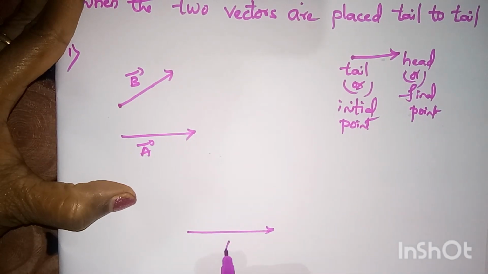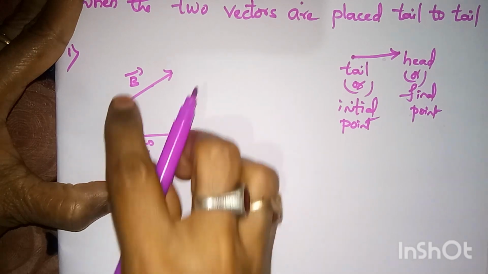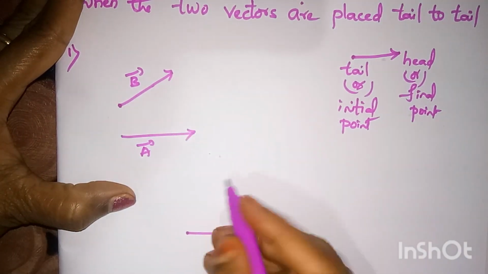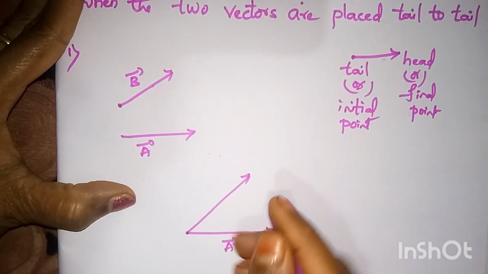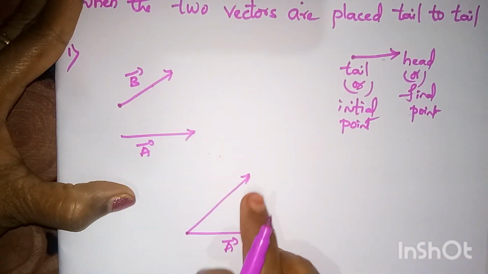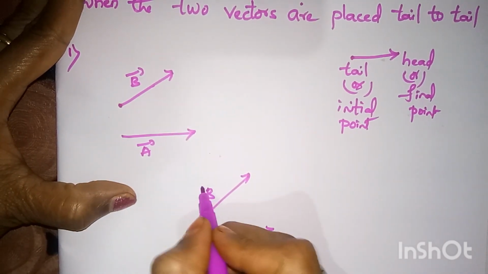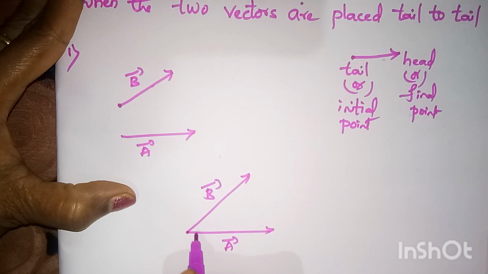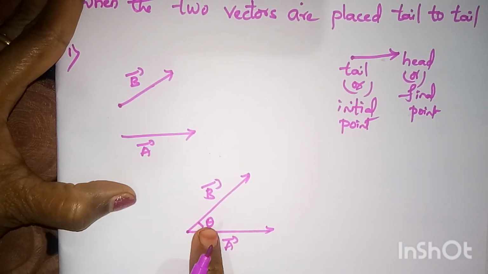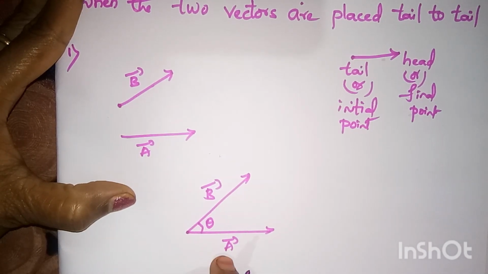This is a bar, the tail of the first vector, and the second vector is this. Connect here. You can observe that there is no change in the direction of the second vector b bar. This is the tail of the first vector and this is the tail of the second vector. By connecting this, you can form an angle between these two vectors. So this is the angle between the two vectors.